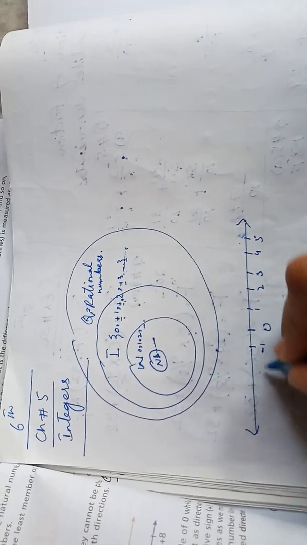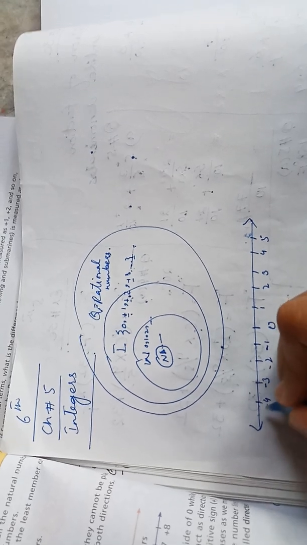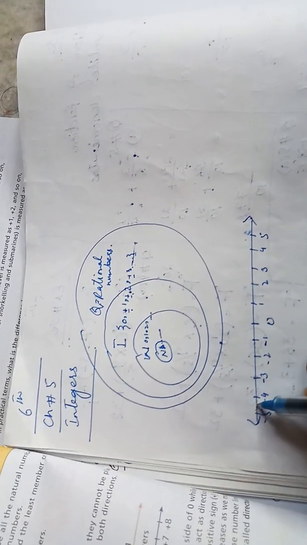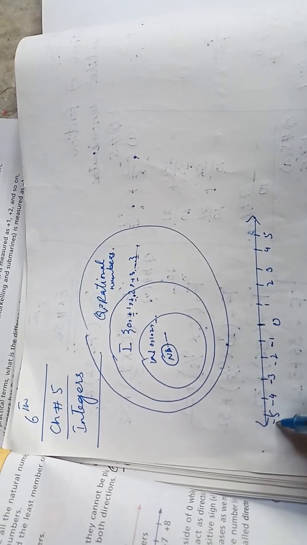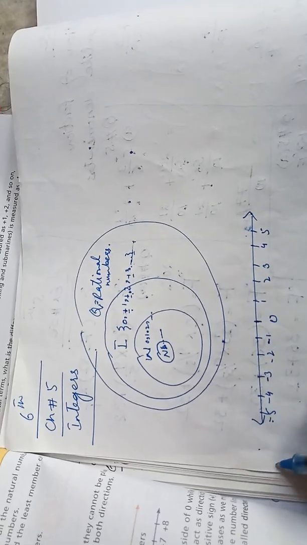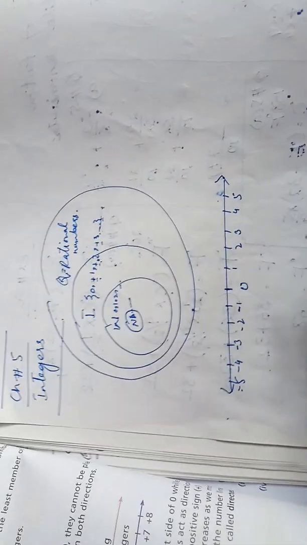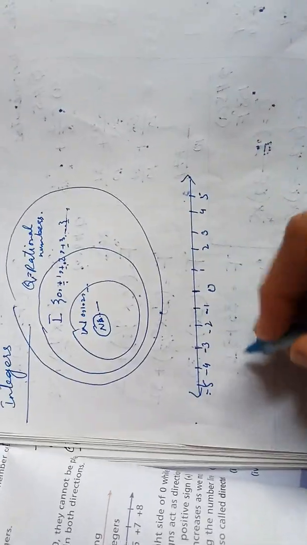And here is minus 1, minus 2, minus 3, minus 4, minus 5, and so on. These numbers are the positive and these are the negative number series. So integers include both on the number line.